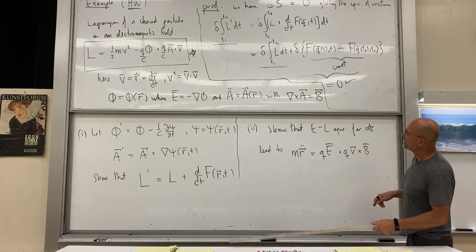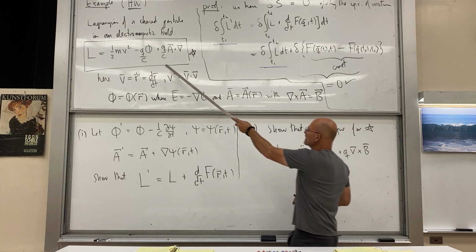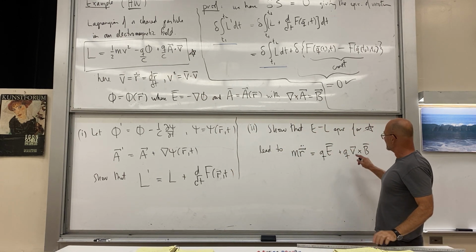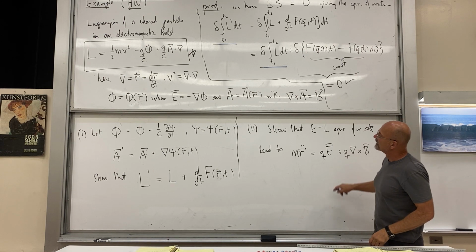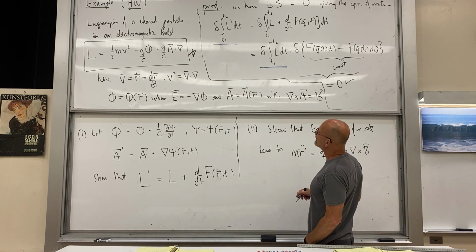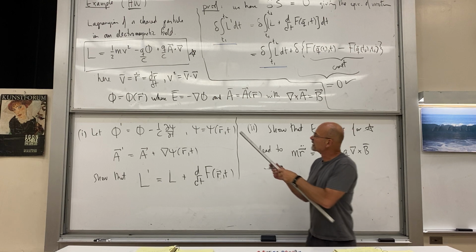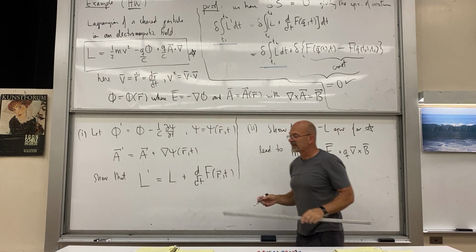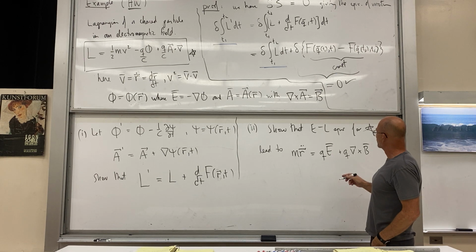So you want to show that this Lagrangian, given those equations of motion, leads to this equation here. So that's a pretty important one. We're going to use this thing again when we're doing Hamiltonian mechanics, so we're just going to add that to our list of important results.